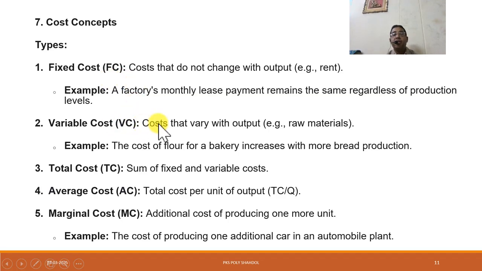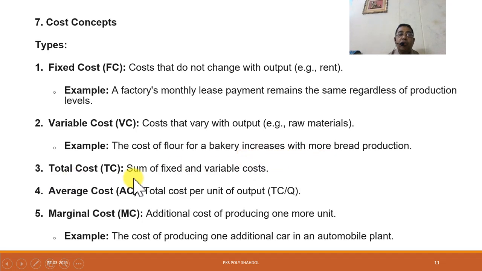Variable cost means the cost that varies with the output. For example, raw material. Raw material is always changing, and how much output is produced depends on that. So this is the variable cost. For example, the cost of flour for a bakery increases with more bread production.